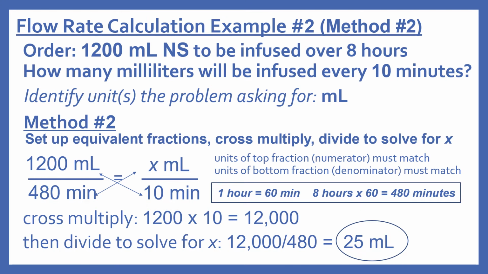So we have 1200 milliliters over 480 minutes, and we'll set that equal to x milliliters over 10 minutes. So 1200 times 10, cross multiplying, equals 12,000, and then we'll divide by 480 to get x, and that equals 25 milliliters.